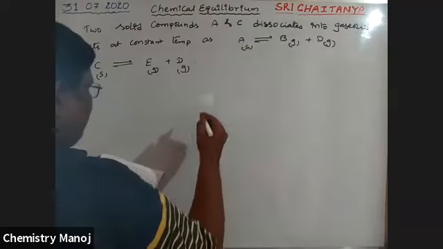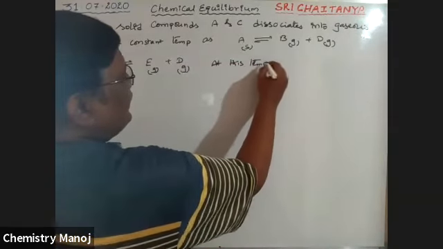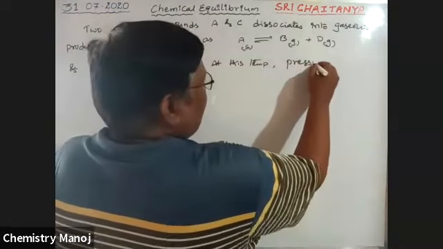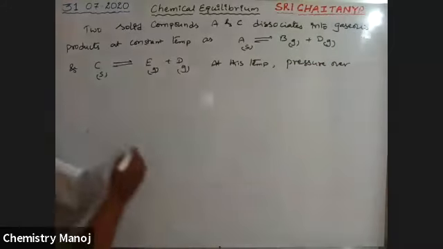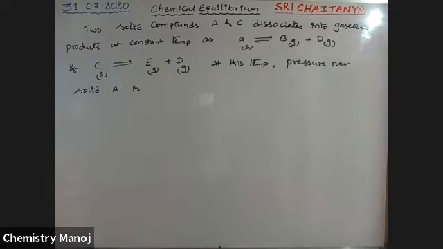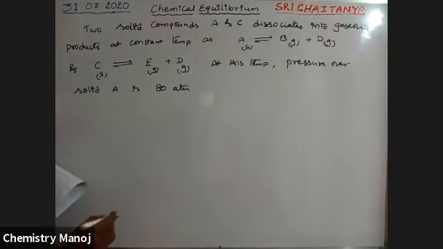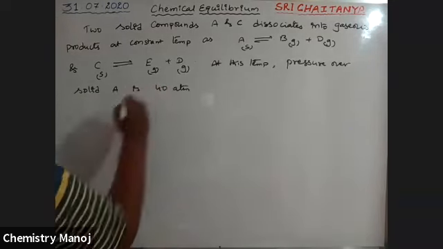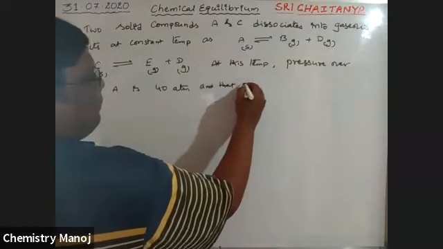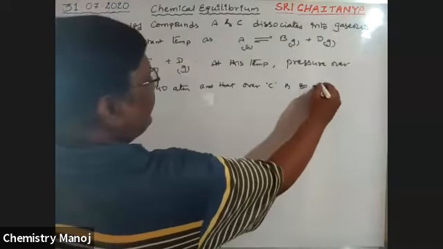At this temperature and pressure, the pressure over solid A is 40 atmospheres, and that over C is 80 atmospheres.